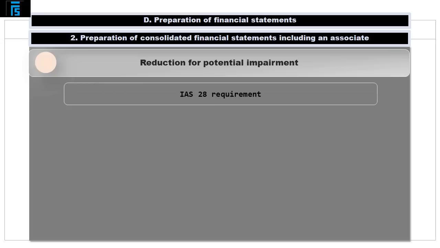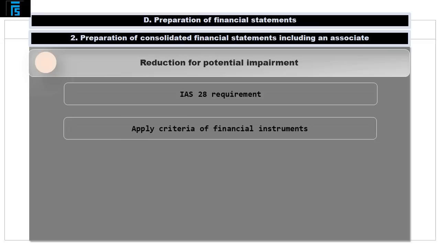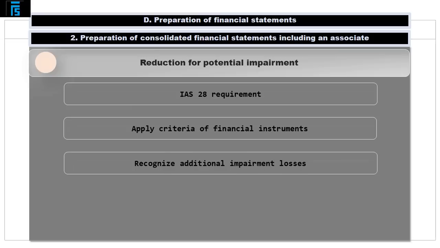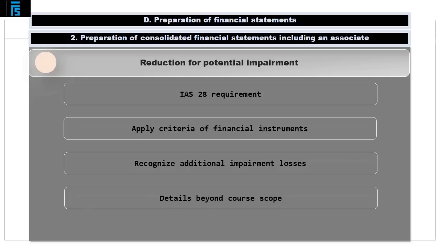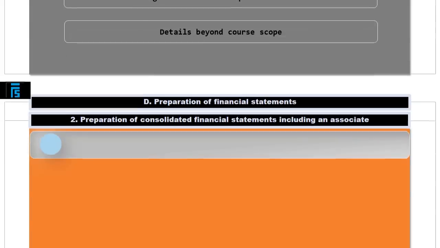This is because, in addition to the recognition of the investor's share of the associate's losses, IAS 28 also requires preparers of consolidated financial statements to apply criteria contained in standards applicable to financial instruments to determine whether it is necessary to recognize additional impairment losses with respect to the investor's involvement with the associate. The details of this exercise are, however, beyond the scope of this course.